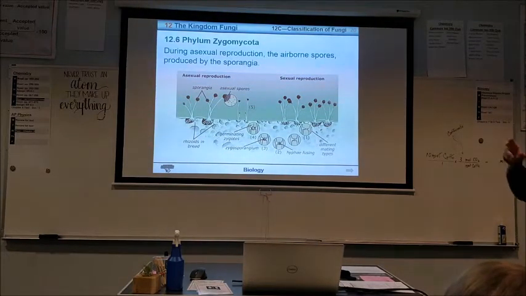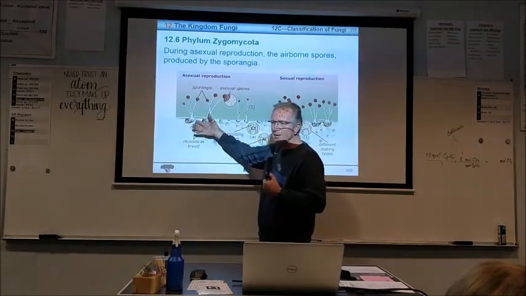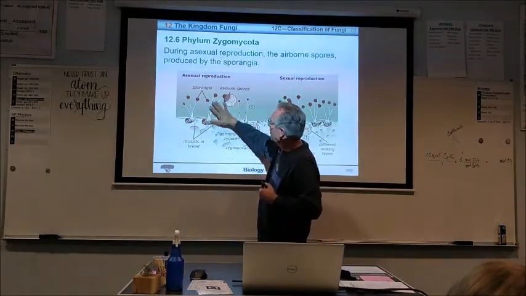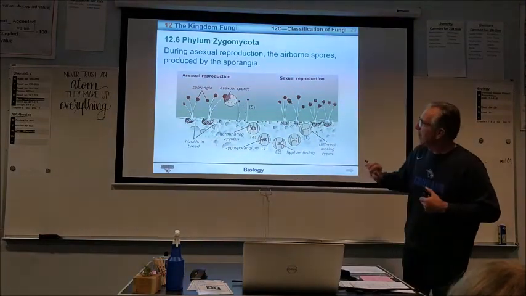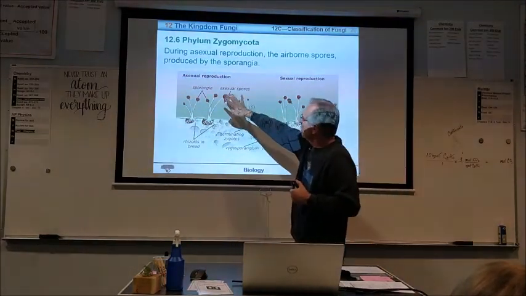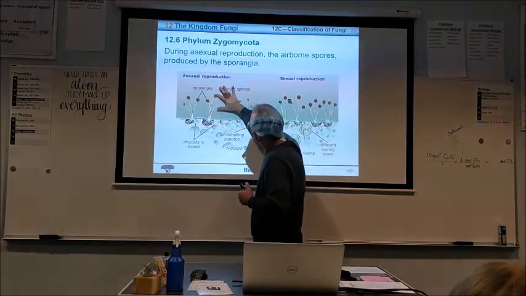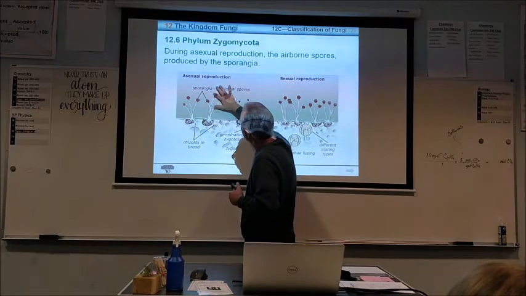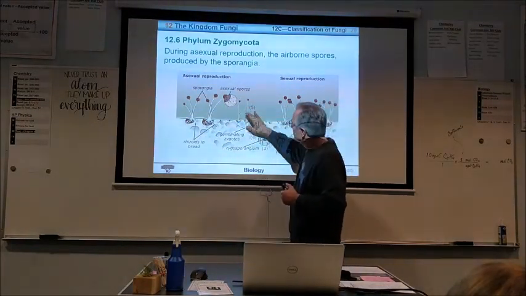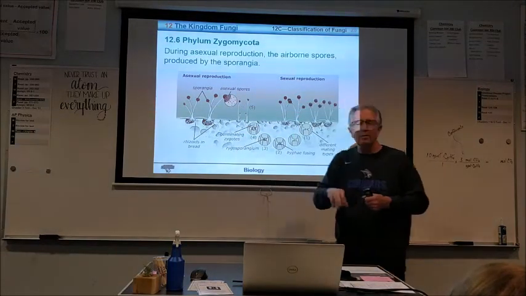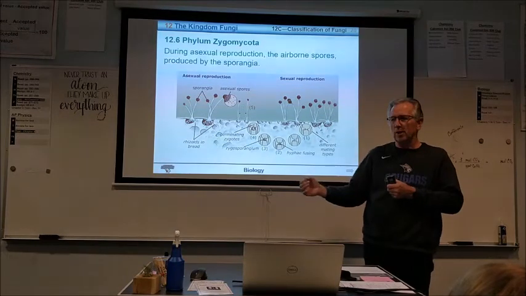Rhizoids are like the hypha that function like roots for attachment and getting nourishment for the whole fungus. Now, it is capable of reproducing asexually by just generating spores straight from the sporangia. And so then these spores would land on the bread, and they could also make more mold on your bread.